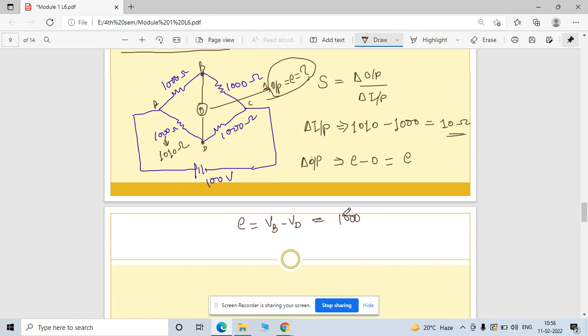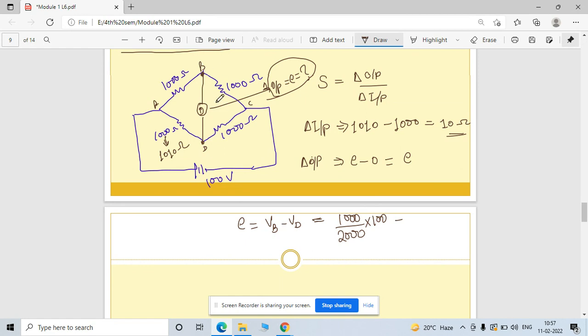1000 ohm, meaning the resistance of the branch across which you want to find the voltage, divided by the sum of that branch resistance, this 1000 plus 1000, that is 2000, multiplied by the total supply voltage of 100 volt, minus the other branch voltage.